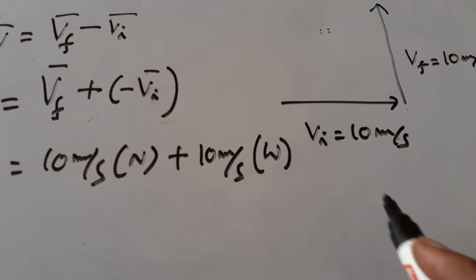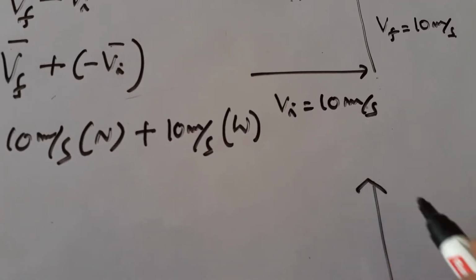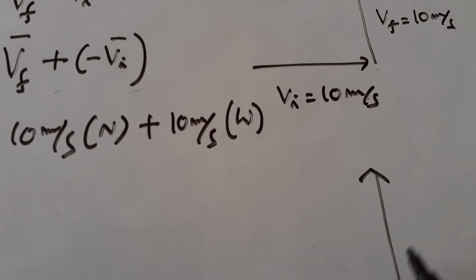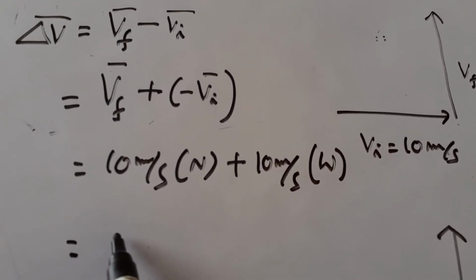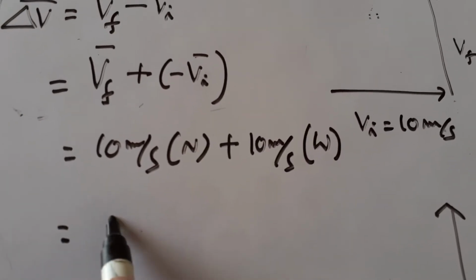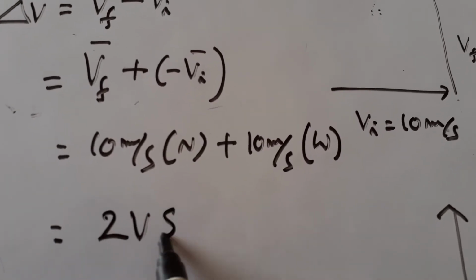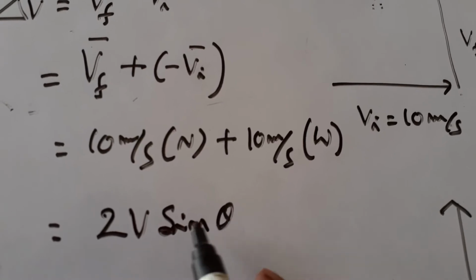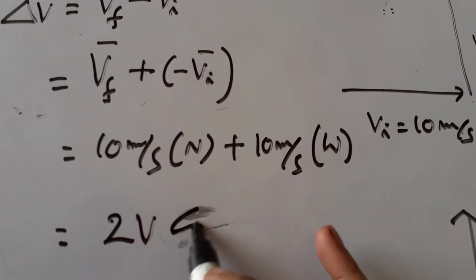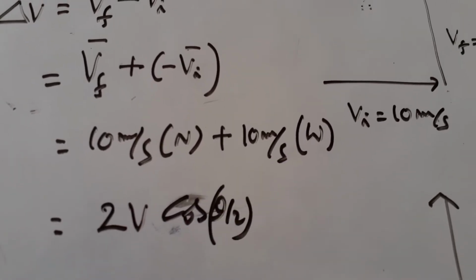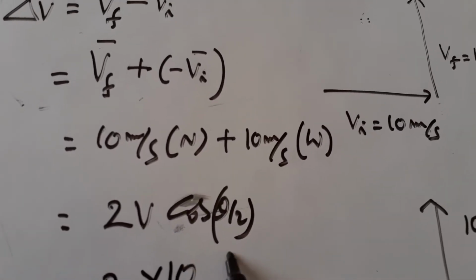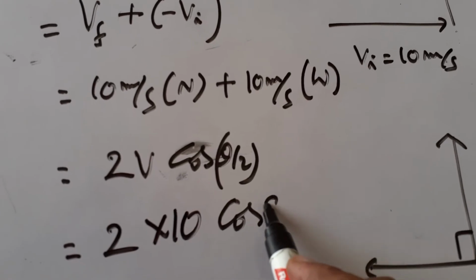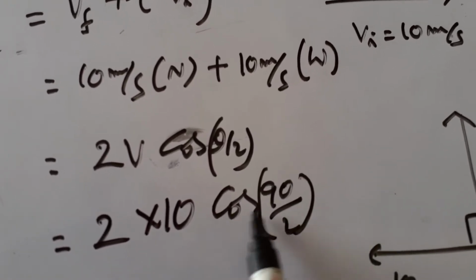Now again we have addition. One is north, one is west, 10 and 10 in magnitude, and the angle between them is 90. So we can use the formula 2v cos theta by 2 for addition. Then 2 into 10 into cos 90 by 2, that is cos 45.